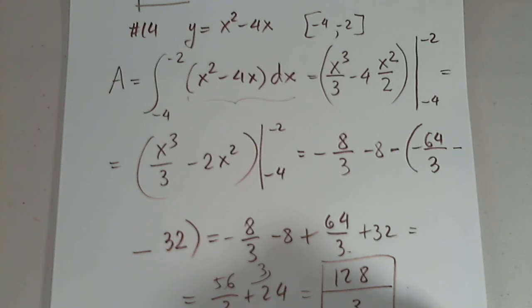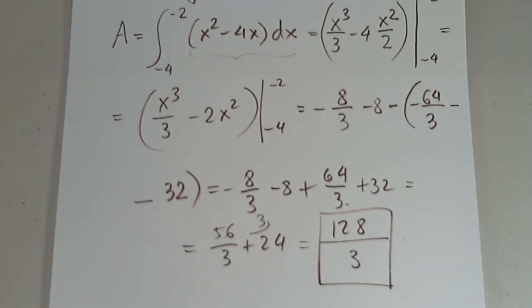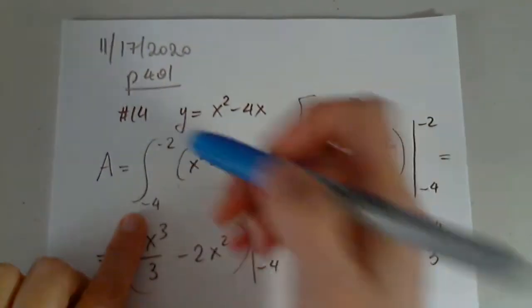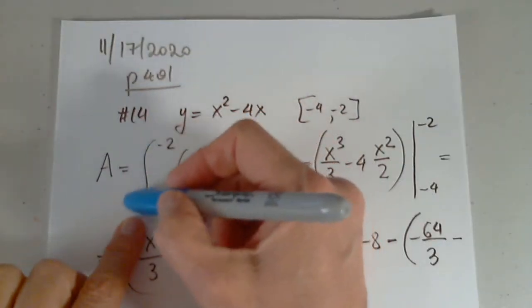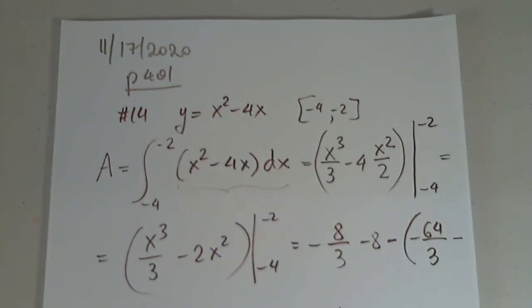Do you feel like determining more areas, or is this okay? I have one question. Please. So where you began, the integral between -4 and -2 of x squared minus 4x dx. Yes.